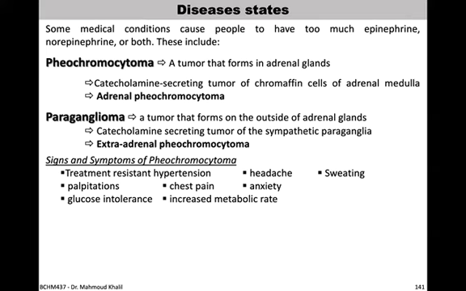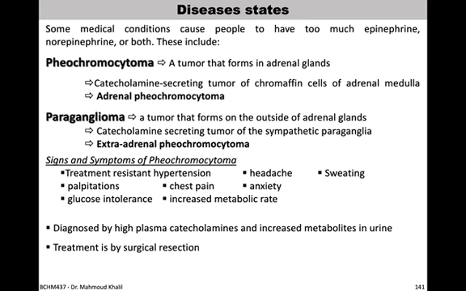These are all obvious symptoms of high epinephrine, because it's a tumor, so you have a lot of cells and a lot of hormone being secreted into the circulation, leading to all these effects.